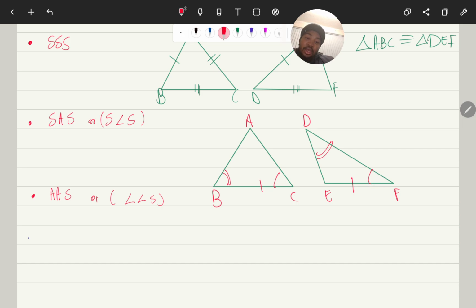Now you see that this angle equals this angle, so your reason you will have angle, and then this side equals this side, you will have side. This angle equals this angle, you will have angle, and then you will say the two triangles are congruent, the reason, angle, side, angle, right?